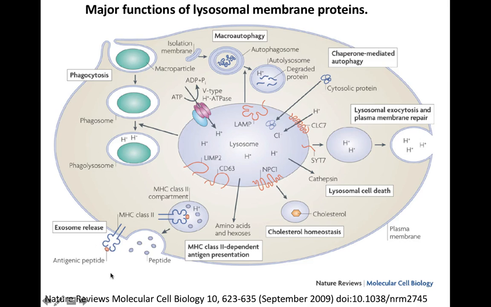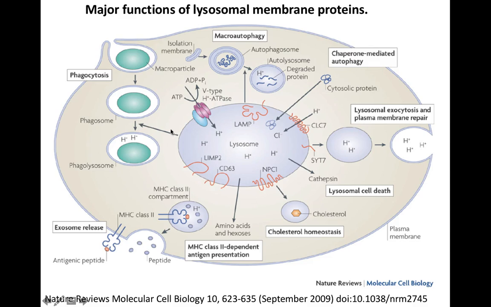These MHC class II molecules are then recognized by other cells of the immune system. This is how the immune system knows that there is some sort of pathogen or foreign particle living inside the body. So these antigens are presented to the effector cells of the immune system, which then perform their function to degrade these pathogens. Not this pathogen, but the identical pathogens which are living somewhere else inside the body. So this is how lysosomes perform their function in the immune system.